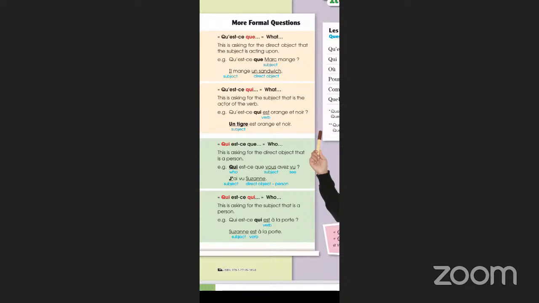So Suzanne is a person's name. So that's the direct object, okay? So anything like any food, we call it the direct object. So when you say sandwich, that's also a thing, the name of a food. So that's why you will underline it as direct object. Does that make sense?